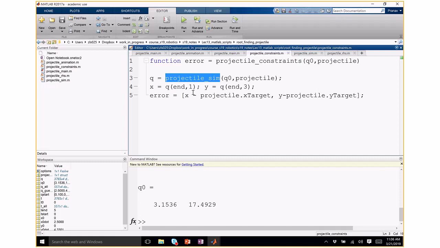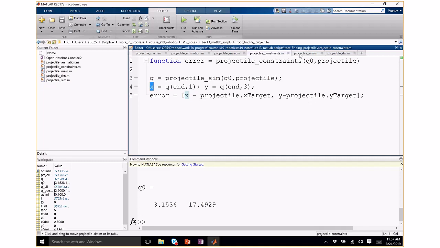So it gives an array of x and y for the different time steps. I'm only interested in the last point. So q end, one is the x coordinate after 2 seconds, and the y coordinate after 2 seconds, and I'm trying to reduce this to 0. So x minus the target, y minus the target. I'm trying to reduce that error to 0. Once the error is 0, I've hit the target.